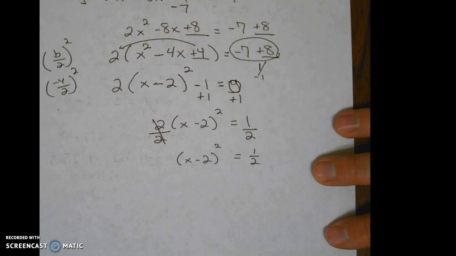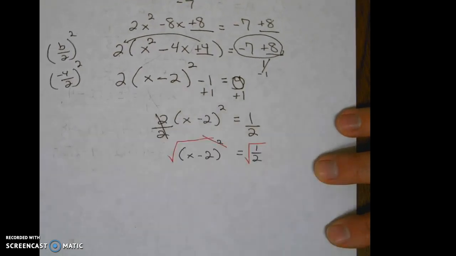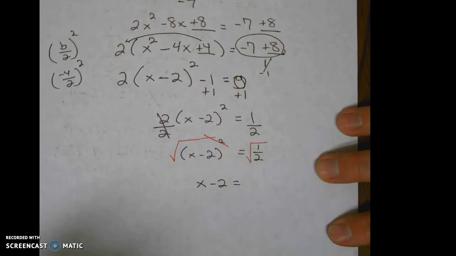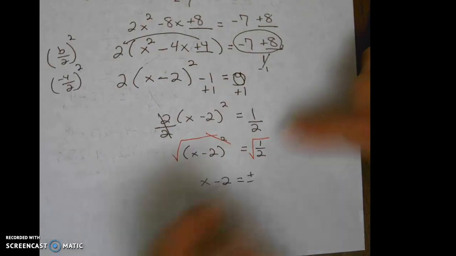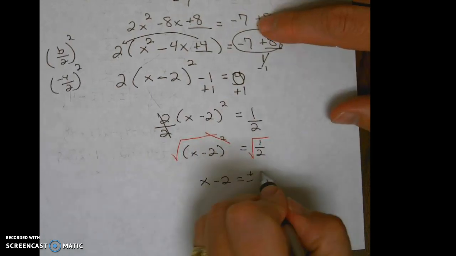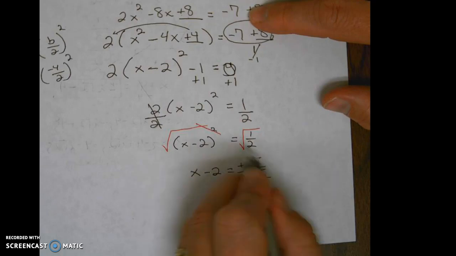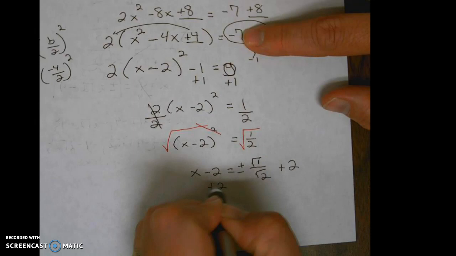Take the square root to cancel out that square. Nice. Now we're going to put our plus and minus down. We got the square root of 1 over the square root of 2. And add the 2 on both sides.